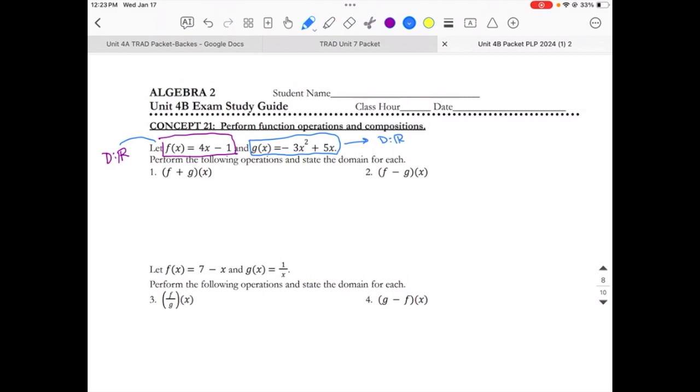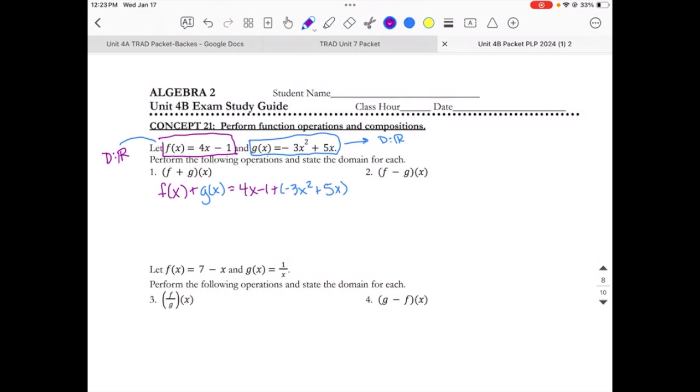All right, and so when they ask us to do f plus g of x, remember that that's f of x plus g of x. And you're going to just substitute the equations in and combine like terms. So we have 4x minus 1 plus negative 3x squared plus 5x.